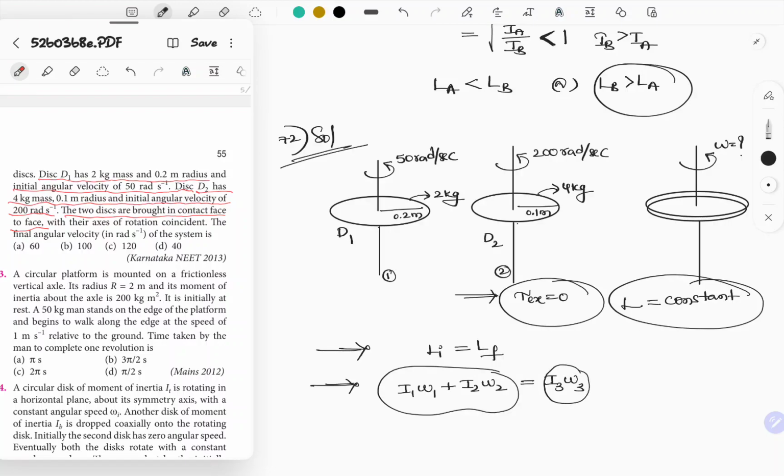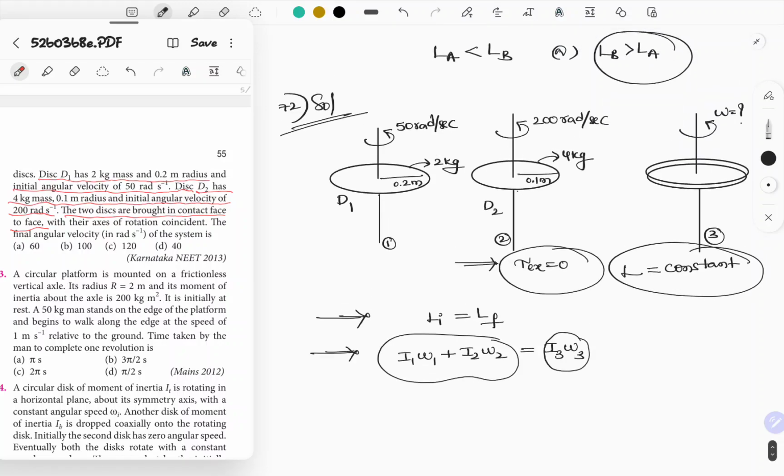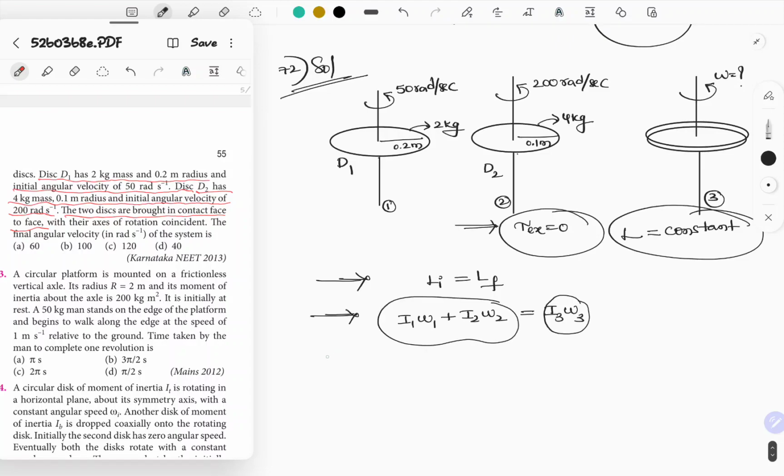I3 omega 3 is the moment of inertia and angular velocity of the third disk. Third disk is a combination of 1 and 2. So what's the moment of inertia of a disk? It is mr square by 2, right?